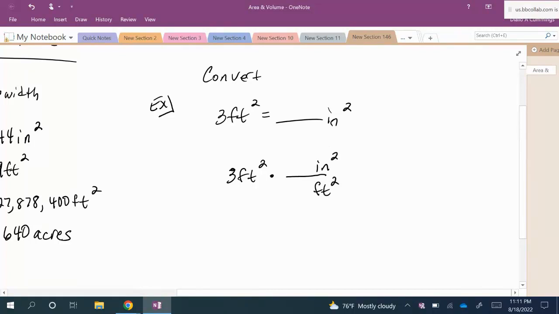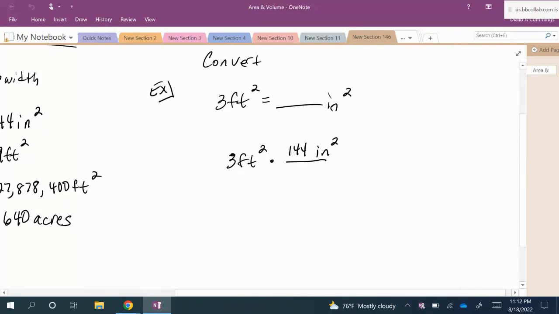I'm going to put square inches in the numerator. And now we're going to simply write out our conversion. 1 square foot is equal to 144 square inches. Once we multiply, the unit of square feet will cancel. 3 times 144 would give us 432 square inches.